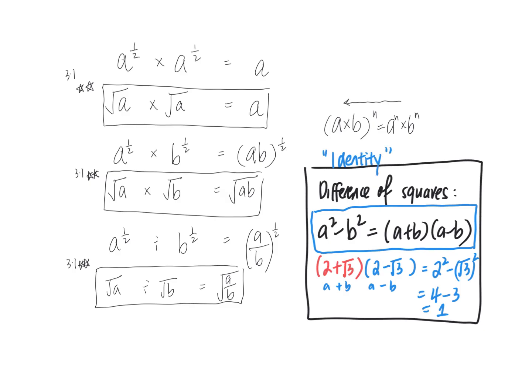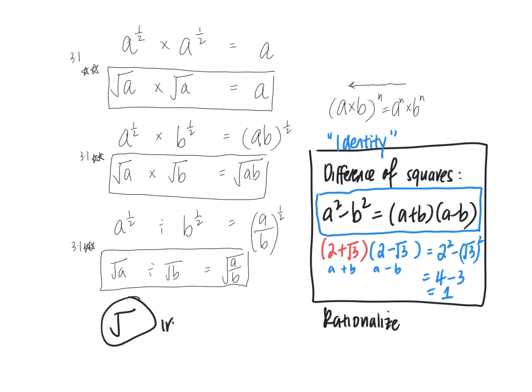in surds. So whenever we want to get rid of square root, they use this word called rationalize. You want to make it into a rational number. Most numbers with a square root that cannot be simplified are irrational.